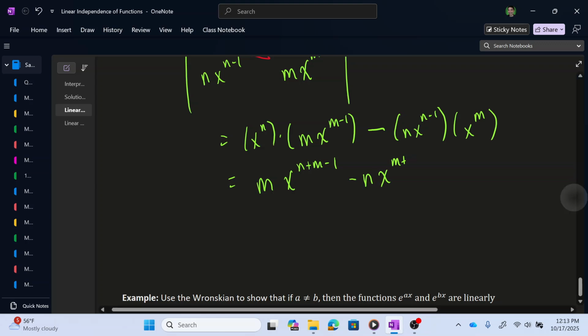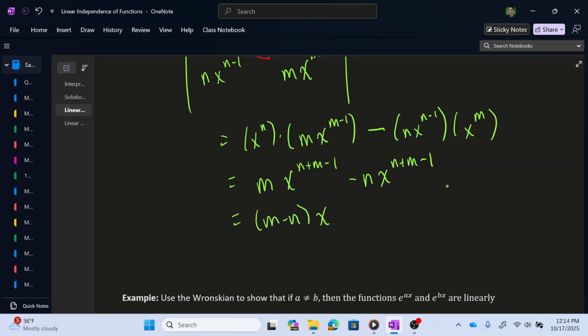And in fact, I'll write that in the other order. So we can really see that in this case, the two exponents on x are the same. And we get, after factoring, m minus n times x to the power n plus m minus 1. So the question is, is this equal to the zero function or not?